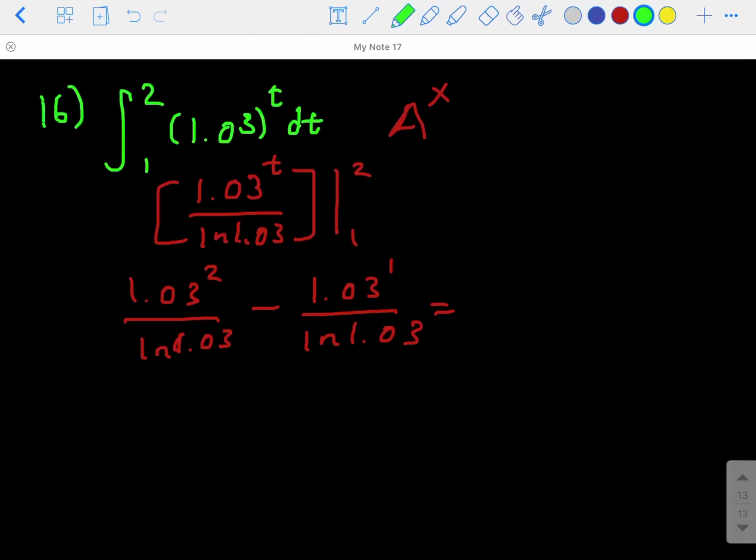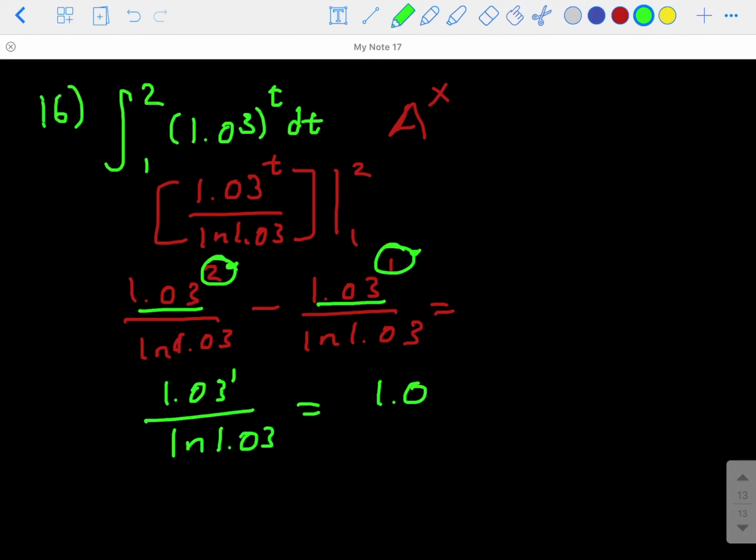We can use the techniques of the polynomials. I see the bases are the same, so we can just subtract the 2 minus 1 to give us 1. And the final result will be 1.03 over the natural log of 1.03.